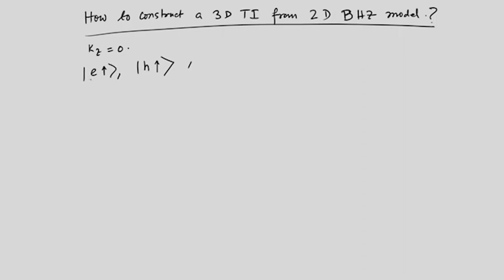So, it is E up, where E means electron and up is up spin. It is the E up, H up and E down, H down basis, and this Hamiltonian in 2D, for kz equal to 0, is written as epsilon k, and there is a unit vector and plus.